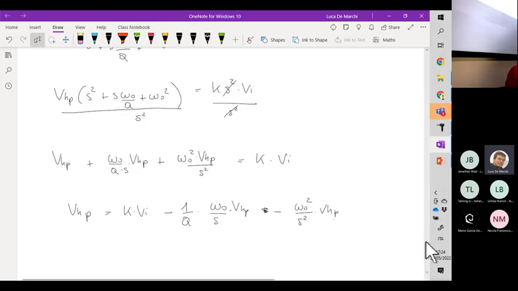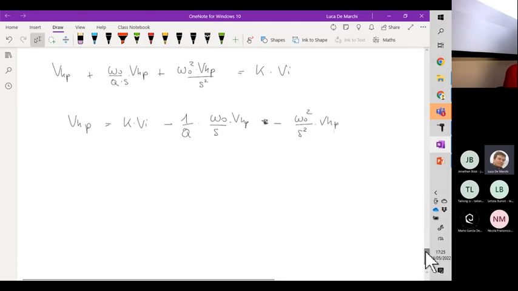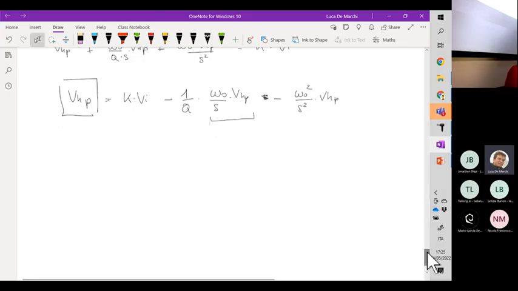So you see that the high-pass effect can be seen as the result of the combination of the input signal with 1 over Q times the effect of the integrator applied to VHP itself, and the double integrator applied to VHP.